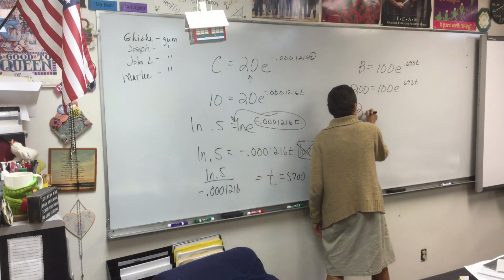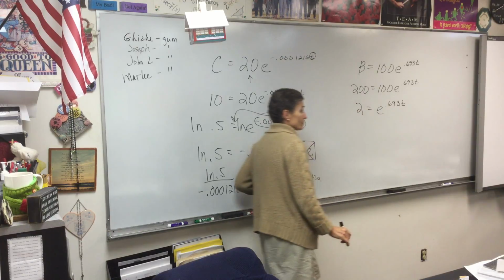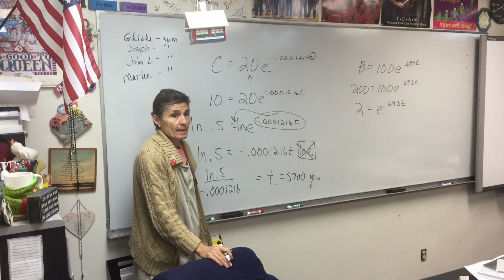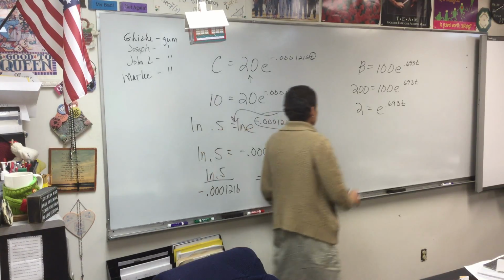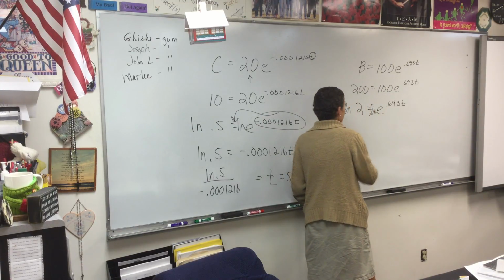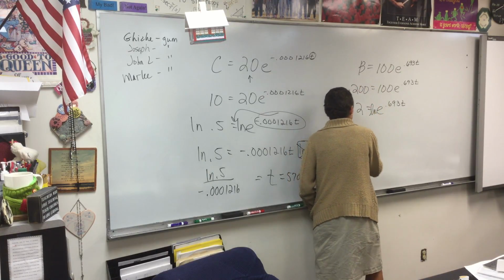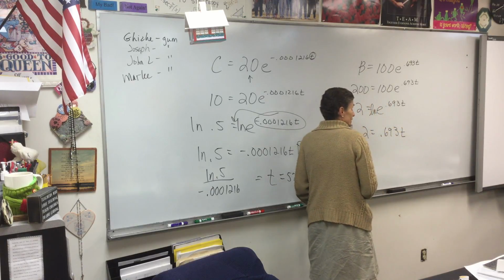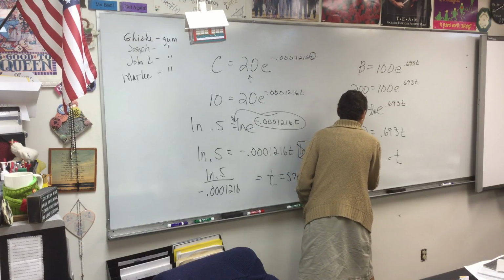Please don't forget to divide by 100. Now what? Take ln of each side. ln both sides. And the beautiful thing is, what happens to the ln e? Gone. So we have ln 2 equals 0.693t.